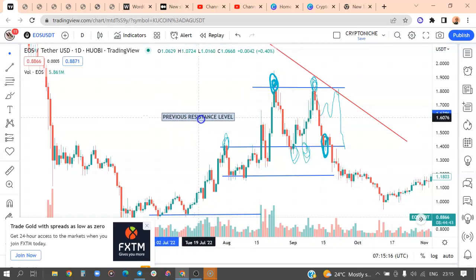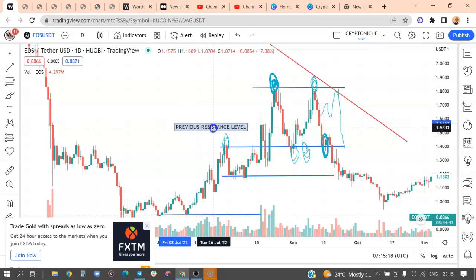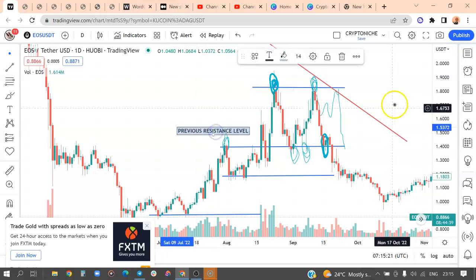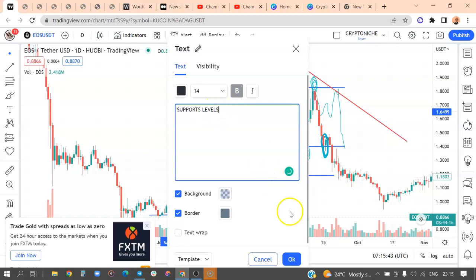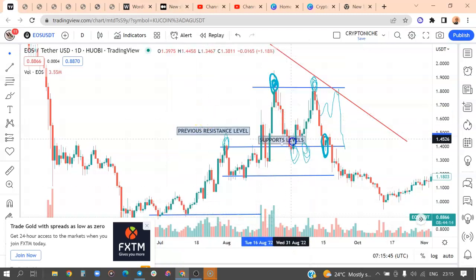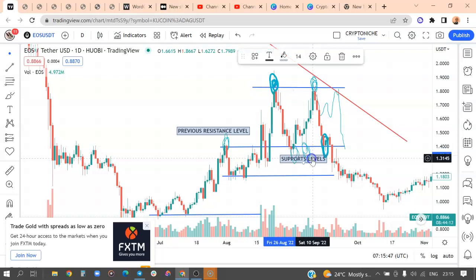Yeah, 14 is okay. So this is the previous resistance, as you can see. Then the previous support level. The resistance became the support level here, as you can see.